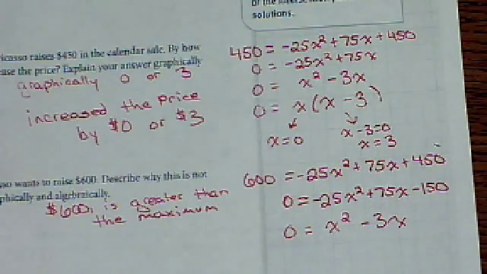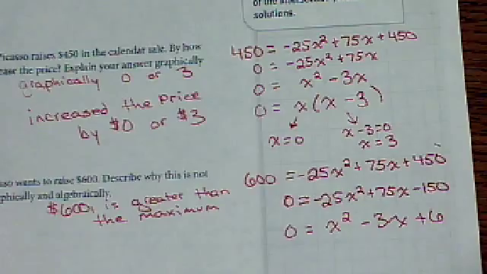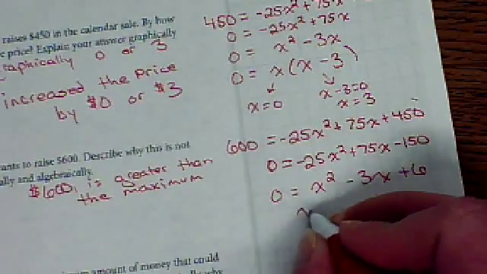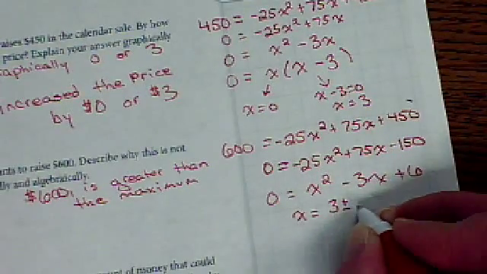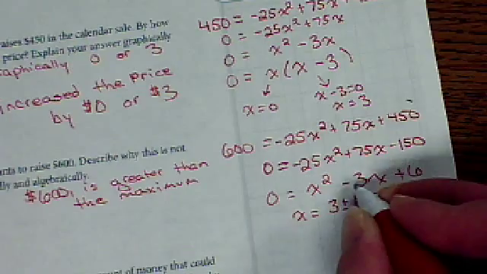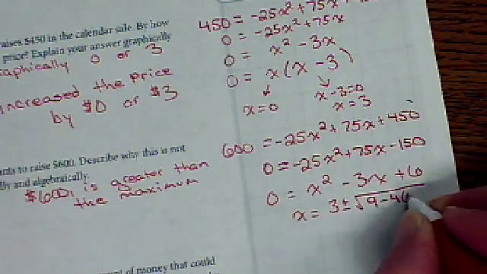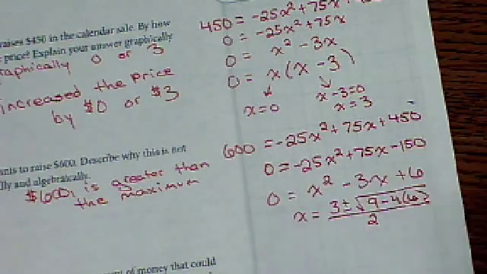And then I'm just going to double check my work here. 450 minus 600 was negative 150. Divided by negative 25 gives me a 6. If I try to use that in the quadratic formula, negative b would be 3 plus or minus square root of b squared, which is 9, minus 4 times a, which is 1, times c, which is 6, all over 2 times a.